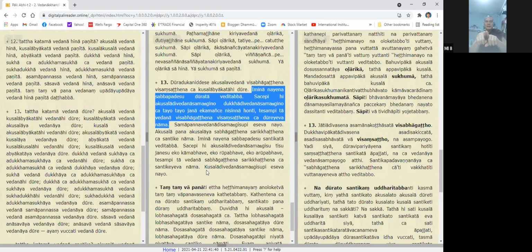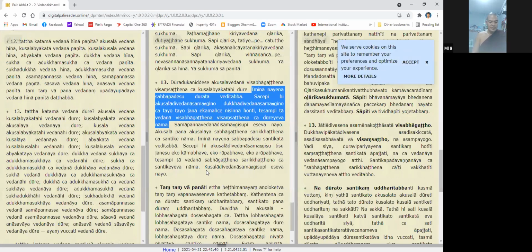But here, we say their vedana is far because of vipaka, visasata. When you enter into the attainment and you do not enter into the attainment, that is different already. So because of two reasons, they are far from each other.